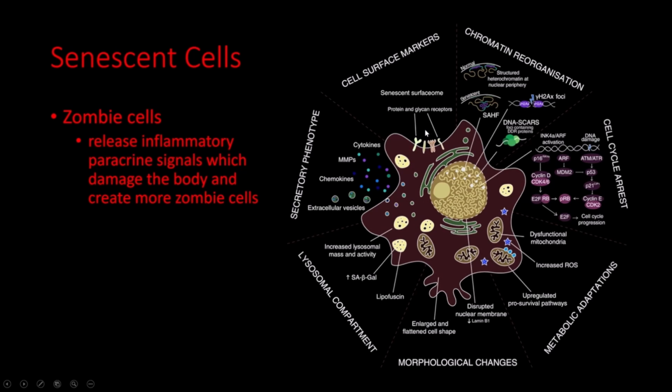But some things that happen are they develop very unique surface markers. They actually end up shedding their normal membrane-associated proteins and their normal signaling proteins, their extracellular matrix, and they create a unique fibronectin surface.